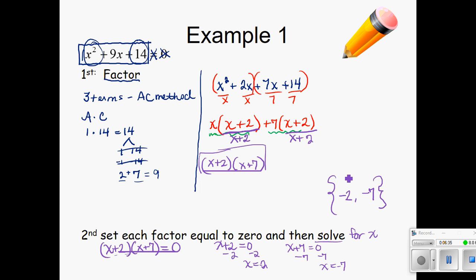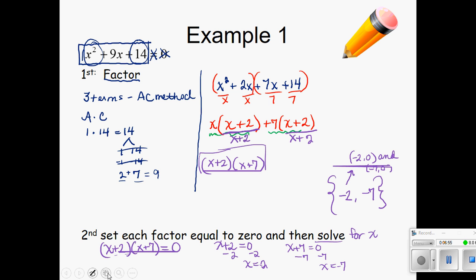Okay, these are the x values. These are where the graph would cross the x-axis. That means there are 2 points where this graph is going to cross the x-axis: at (-2, 0) and (-7, 0).